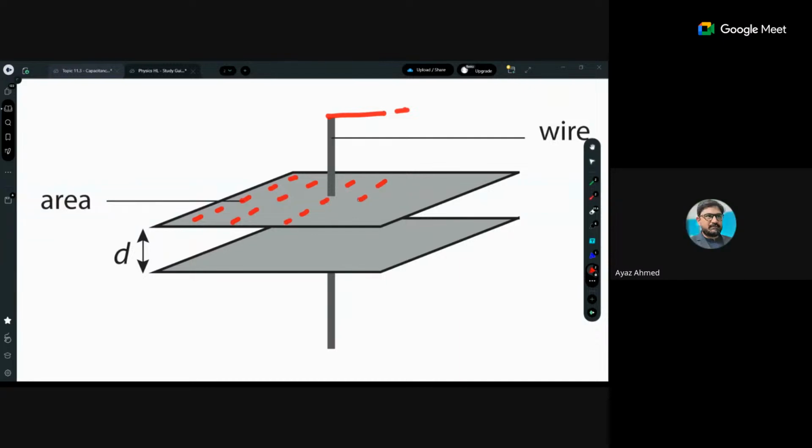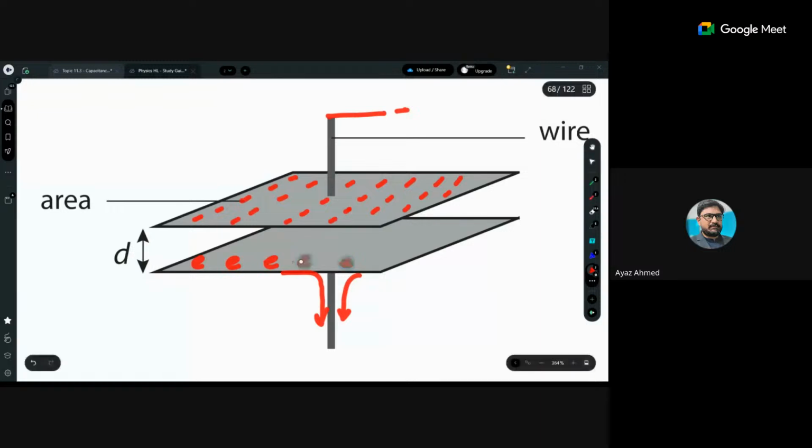Due to that, there would be an astonishing effect on the other plate. What is that effect? These electrons will repel the electrons of the nearby plate. There are definitely electrons, so all these electrons would be repelled, and they would be driven through this wire towards the battery.